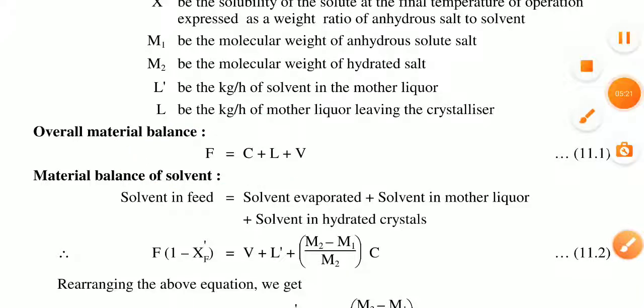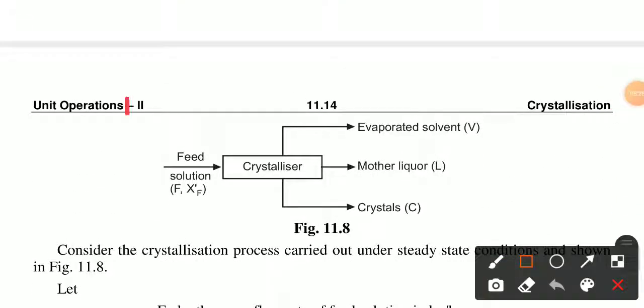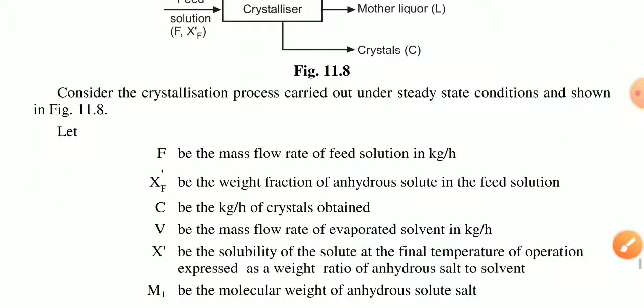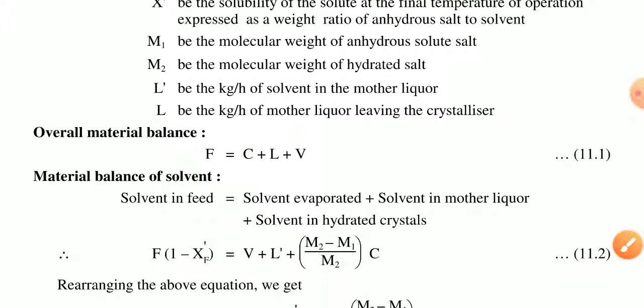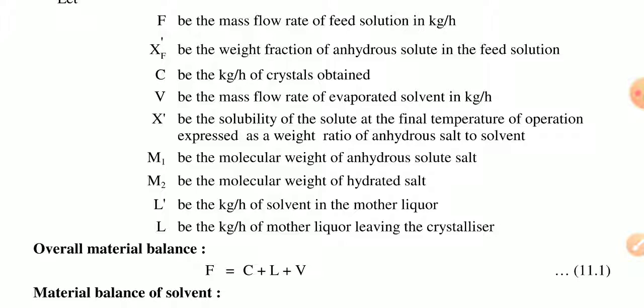The overall material balance, which we saw at the start. Overall material balance: F is equal to C plus L plus V. F is the mass flow rate of the feed solution in kg per hour, and X dash F is the weight fraction of anhydrous solute in the feed.